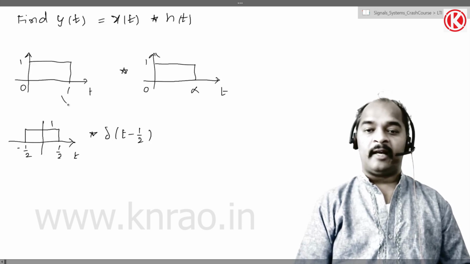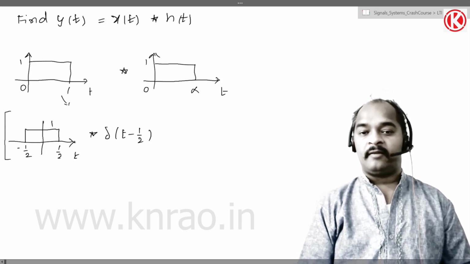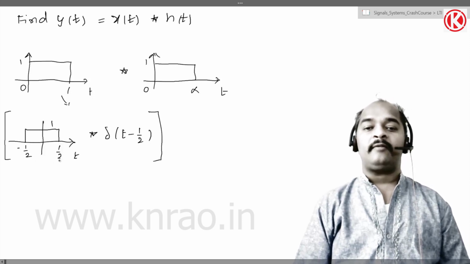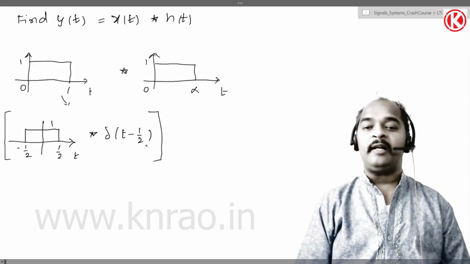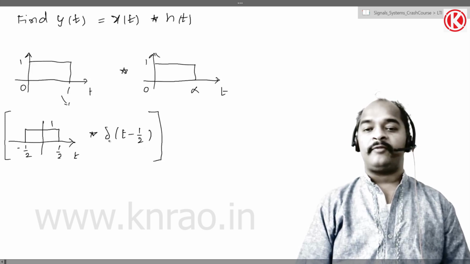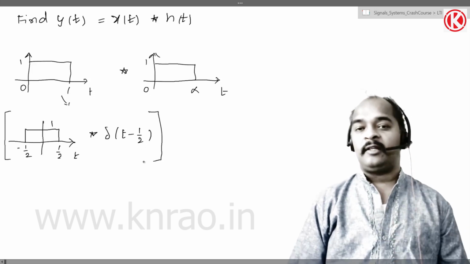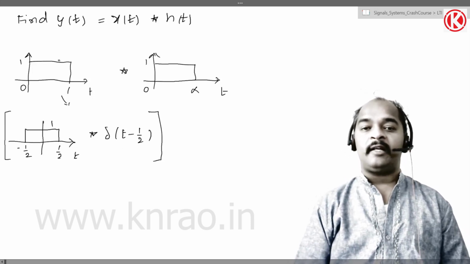If you convolve any signal with delta of t minus half, what will happen? The whole signal will shift to the right by half unit, and hence you get this.